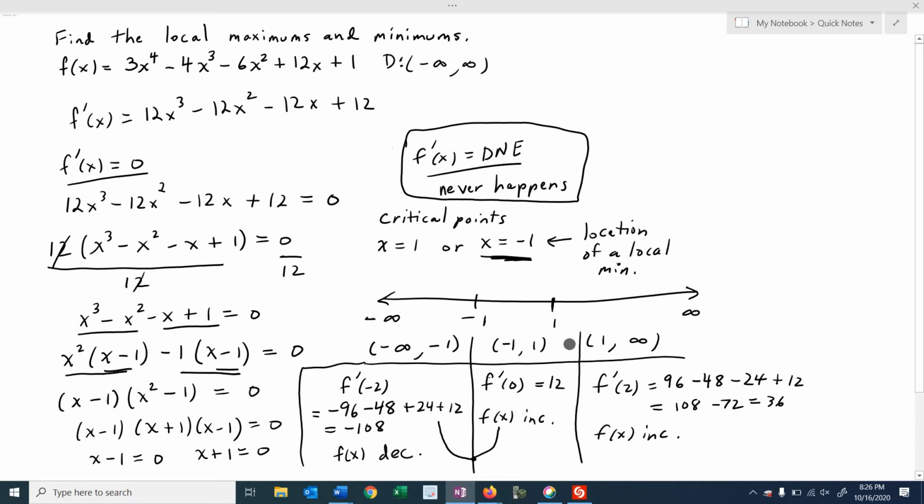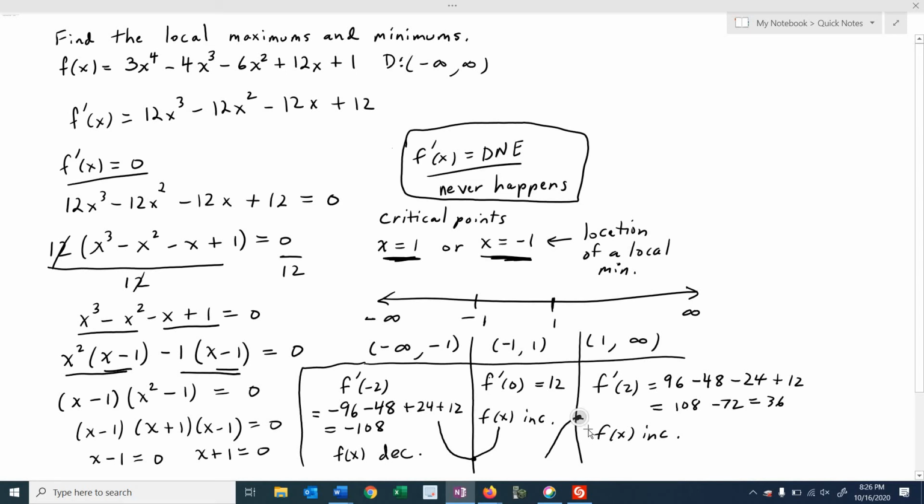Now at 1, it's increasing to the left of it. And then right at 1, the derivative is 0, because we got a 1 here under this case.